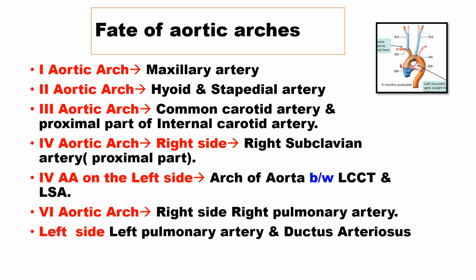On the left side it forms the arch of aorta between the left common carotid and left subclavian artery. The sixth aortic arch artery on the right side forms the right pulmonary artery. On the left side it forms the left pulmonary artery and the ductus arteriosus.